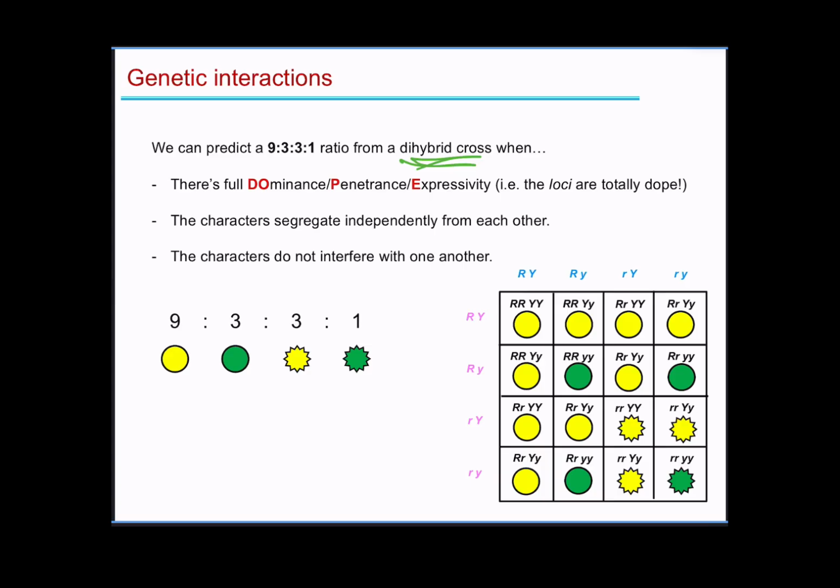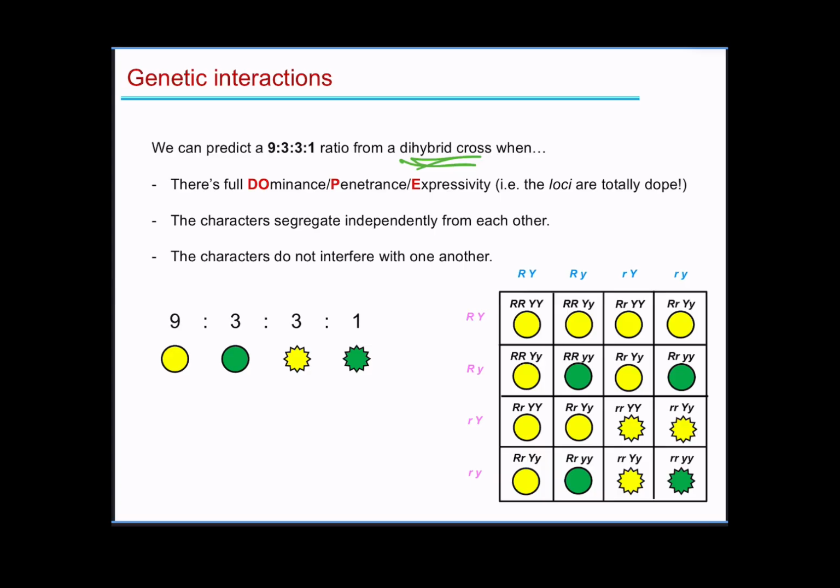And that expectation of 4 different types of gametes from each parent is what gives rise to this universe of 16 different allelic combinations that will turn, thanks to the loci being dope, into the 9331 distribution of phenotypes. Okay?